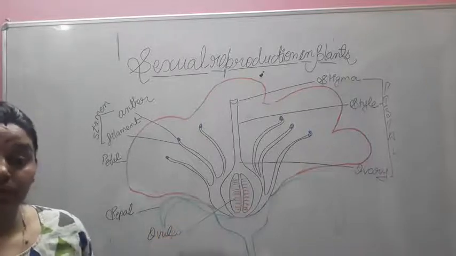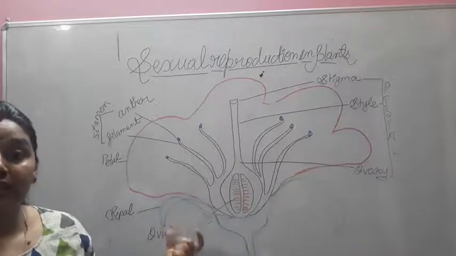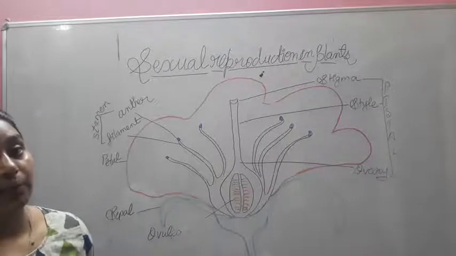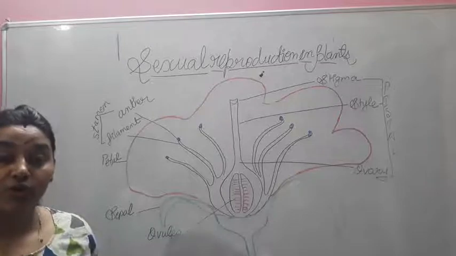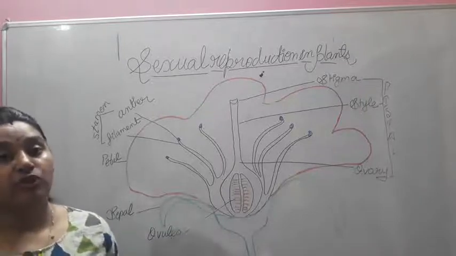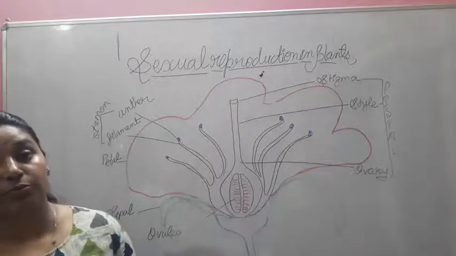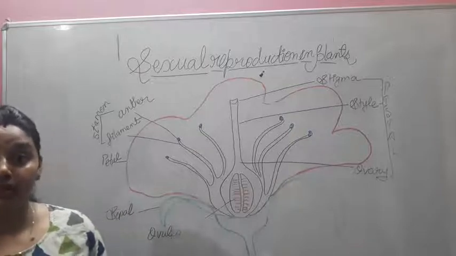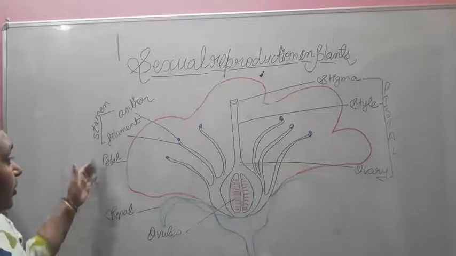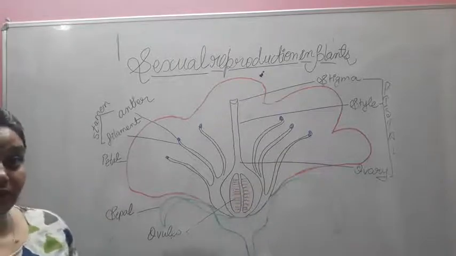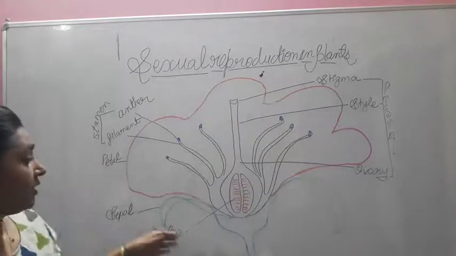The gametes which have formed are haploid, and the zygote is diploid. So basically there is a fusion of two haploid gametes to give rise to the diploid cell, which is your zygote. In this case also we'll see two different parts, two different sexes, one male and the other female.